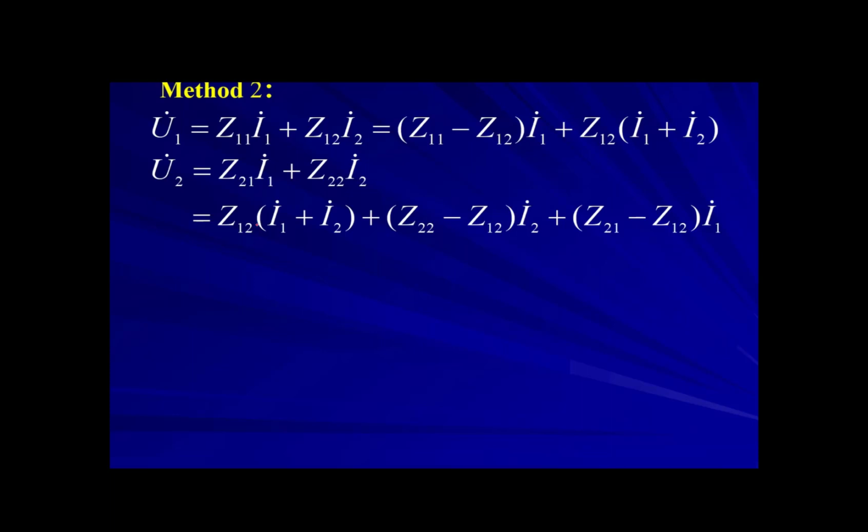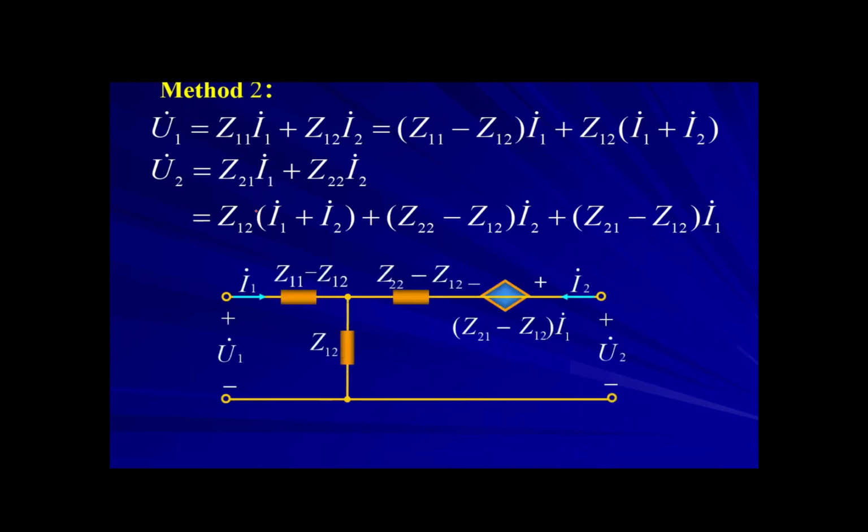From these two function groups, for U1, I1 multiplied by Z11 minus Z12 is this part. For the second part, we use Z12 to express I1 plus I2, so this part is I1 plus I2.